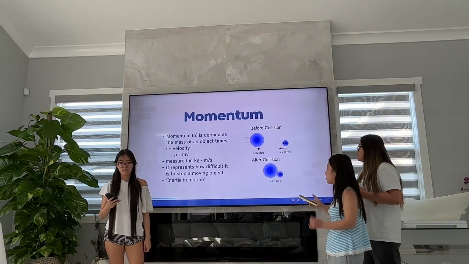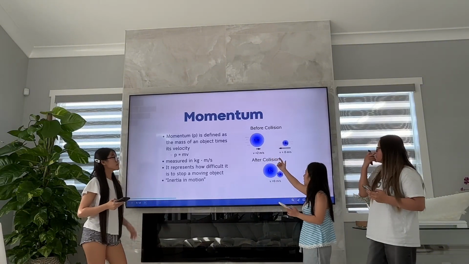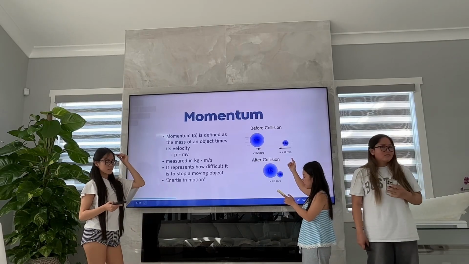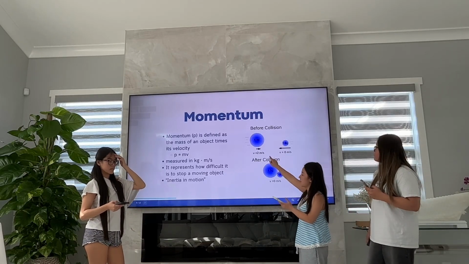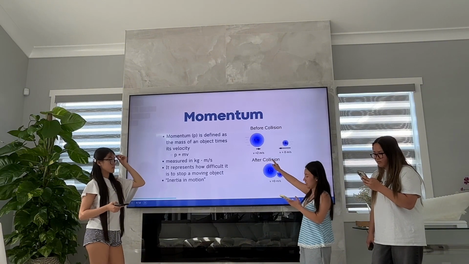Now let's look at the diagram. Here we have a 4 kilogram ball moving right at 2 meters per second, and this one has a momentum of plus 8 kilogram times meter per second.